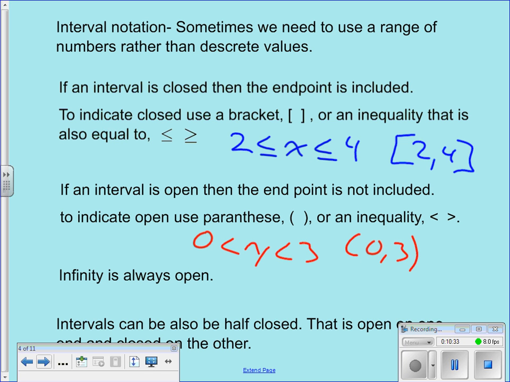If your domain or your range goes to infinity or comes from negative infinity, it's an open interval. Infinity is not a particular value. You cannot have it be included as that particular interval because it's not a particular value. Infinity is always open.